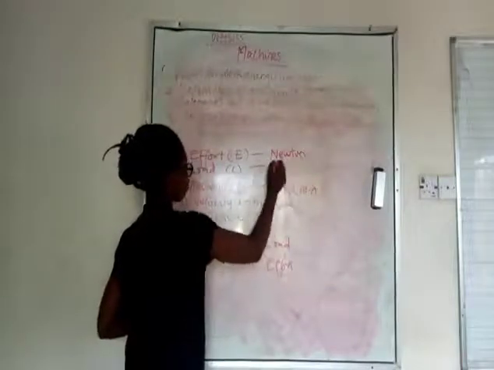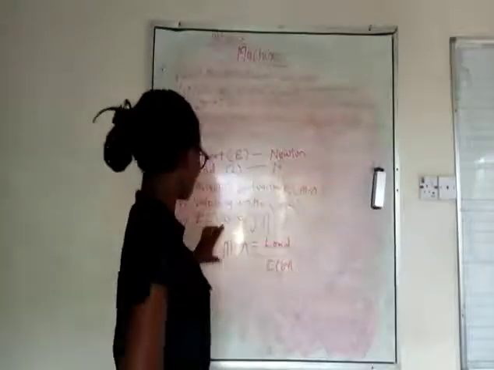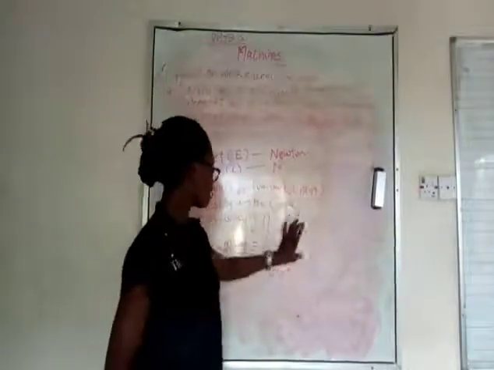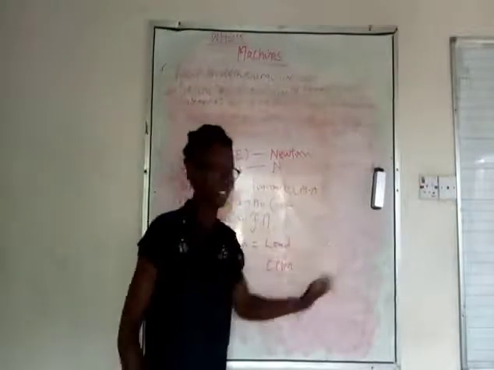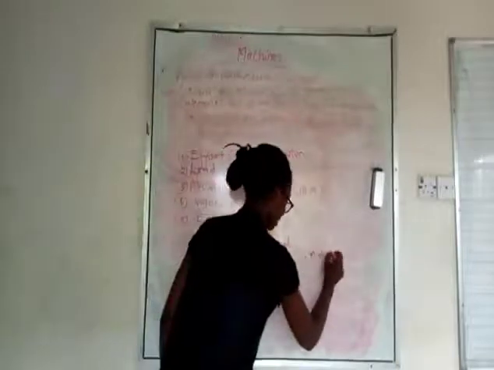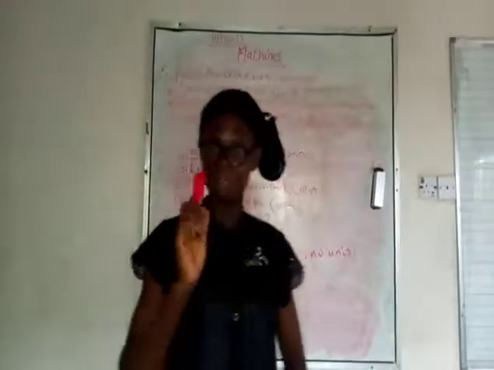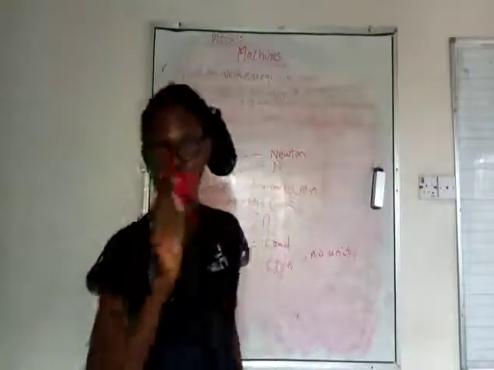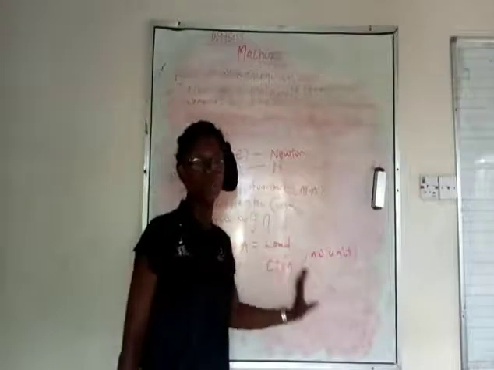Also your load is in Newton because it is also a force. That means that when we have a force and a force as a ratio, it makes it unitless, which therefore means that your mechanical advantage has no units. I don't want to ask you to calculate mechanical advantage and then you tell me 2 Newton, I will mark that wrong. So your mechanical advantage has no units.